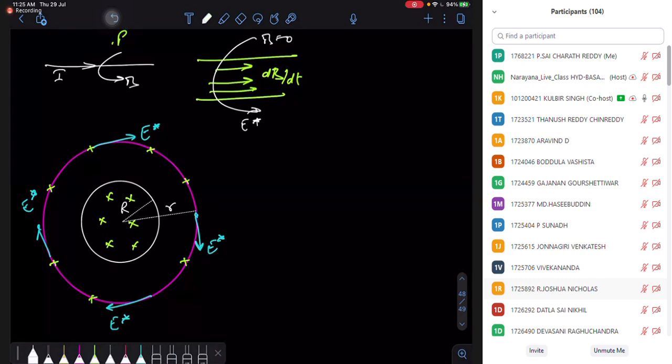So Faraday's law says that EMF is minus d phi by dt. EMF here is the integral of E star dot dl. Now in these derivations, you can keep the sign.